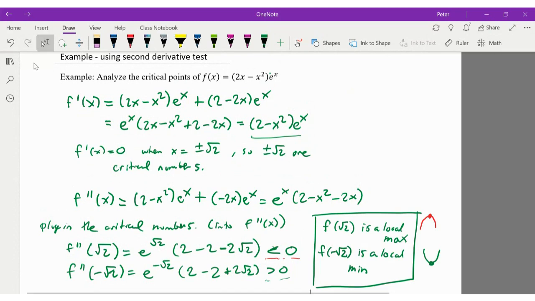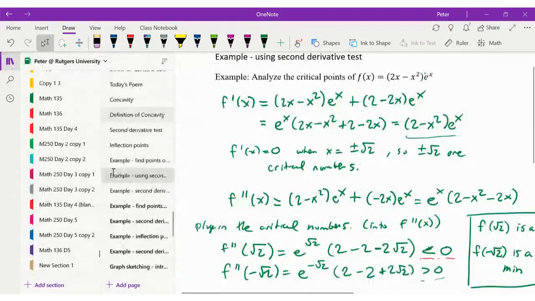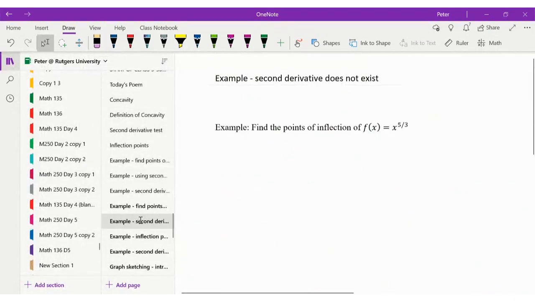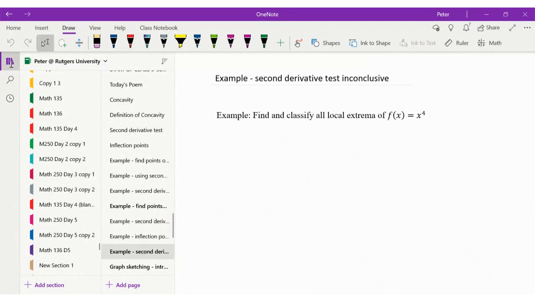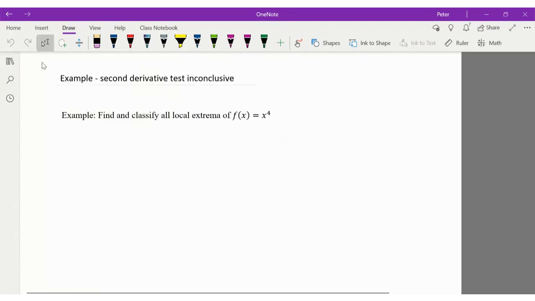I'll show a couple of other examples. Some of these are a little bit weird. Do this one first. I'll just wait for the question. Oh.